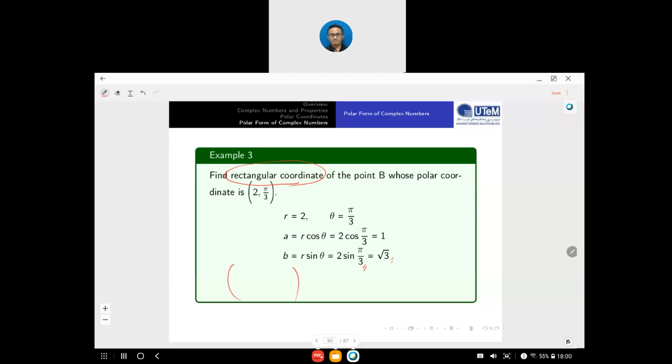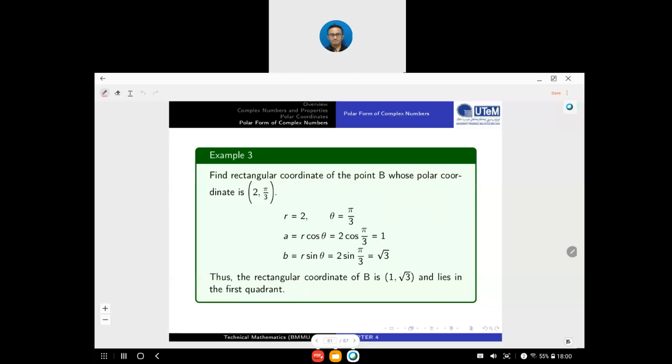And then for R, we know that R equals square root of A square plus B square. A is 5 squared, B is 0 squared. So 5 squared equals square root of 25, and square root of 25 equals 5.